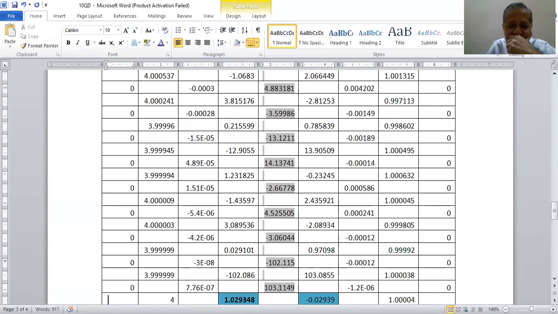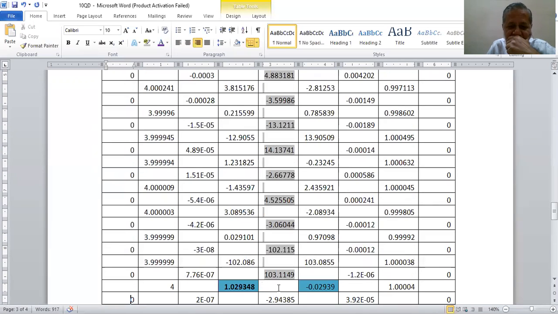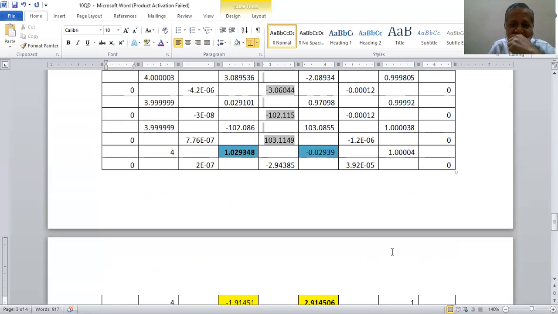It's diverging, it's fluctuating. So that gives us an indication of presence of a complex root. In fact, a pair of complex roots.